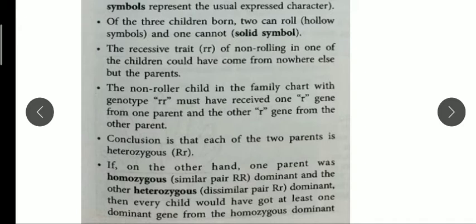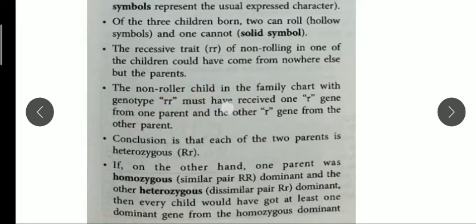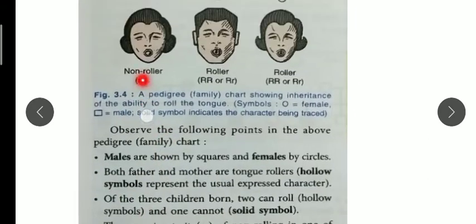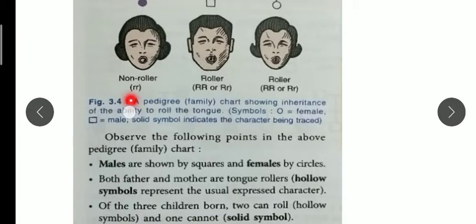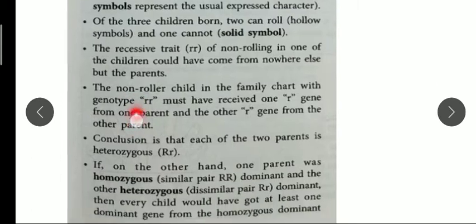So the non-roller child in the family chart with genotype rr must have received one r gene from one parent and the other r gene from the other parent. From the forefathers, due to variation, the first child gets this small r. So all the siblings are not the same.